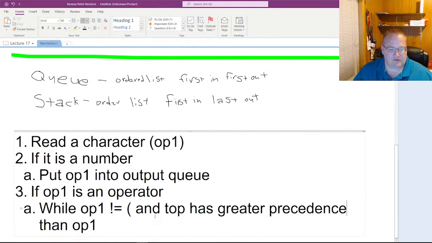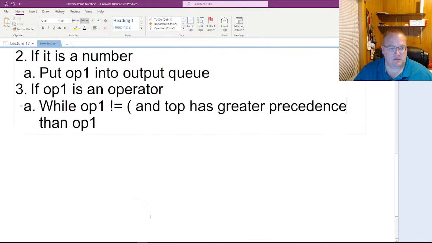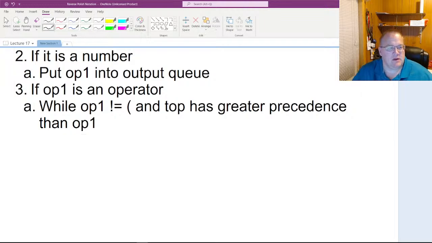So let's give an example of what I mean here. What situation where we wouldn't do what's in the while loop here. Back to drawing. I've got this stack, and we're going to go through this in a second. We'll come back to it and work our way through it. Say I've got a plus here and a multiplication.